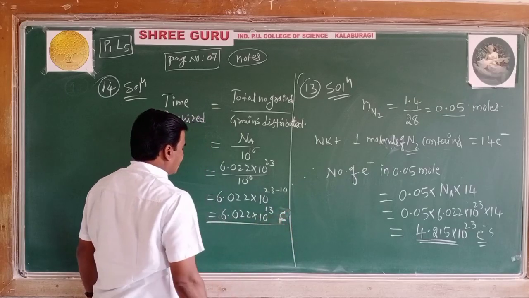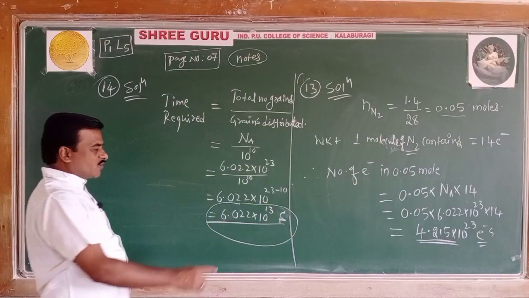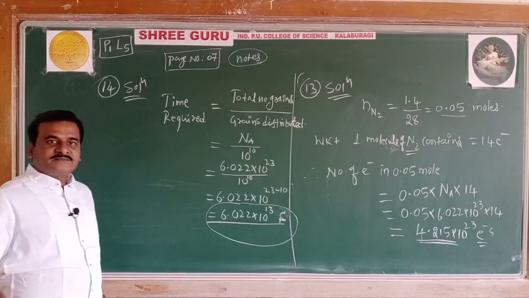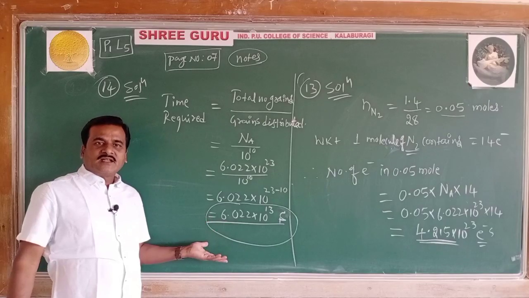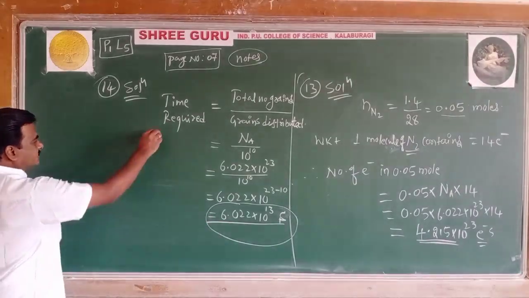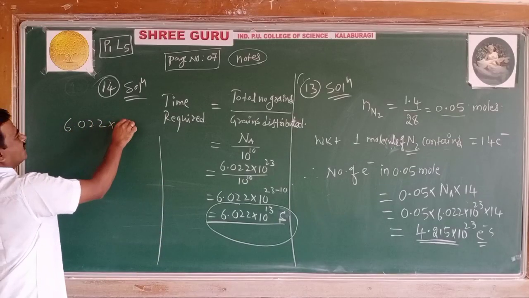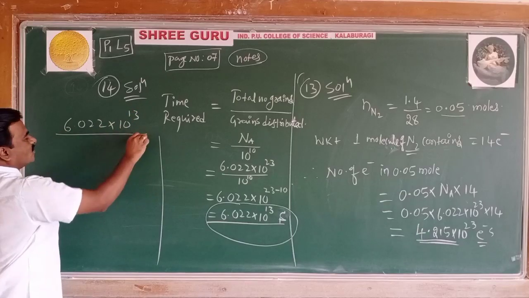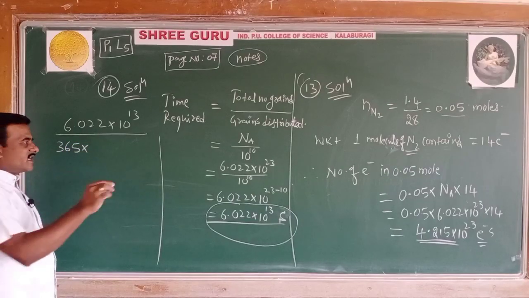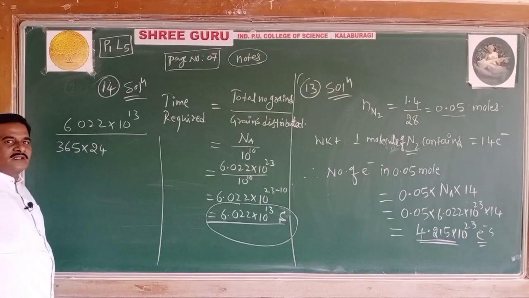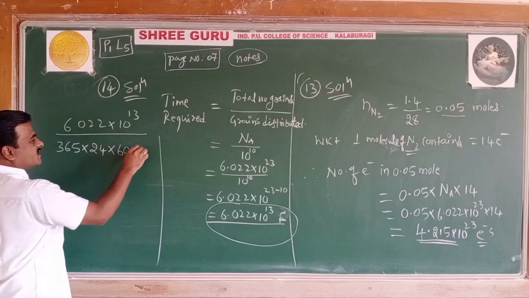What is the unit? Second. But dear students, you have to convert this second into year. This you have to convert in units of year. How? Let's say you take 6.022 into 10 to the power 13. See, you know, a year contains 365 days and each day contains 24 hours. Each hour contains 60 minutes and each minute is made up of 60 seconds.